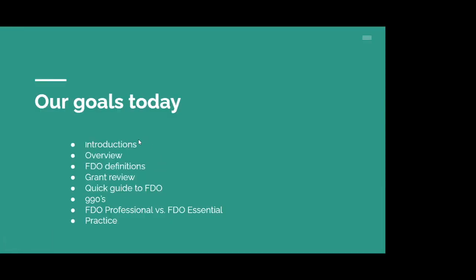So real quick, we did our introductions. I'll give a quick overview, and we'll talk about some of the definitions that you might find in Foundation Directory. We'll talk briefly about grants, another review from what I talked about before, and walk through a little bit about Foundation Directory.